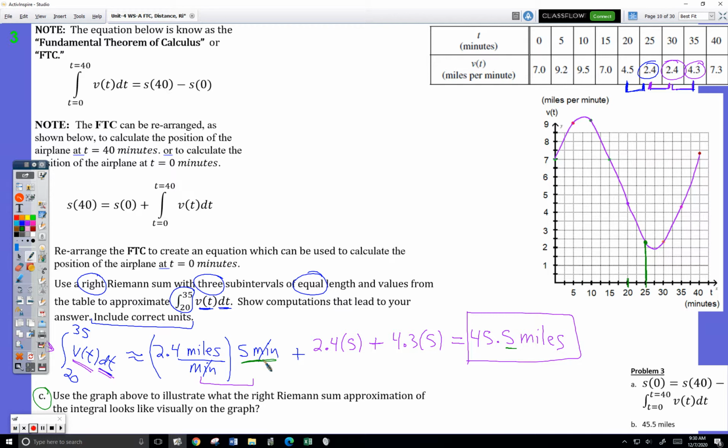So the width of our computation is this much. That means we're finding the area of this rectangle. That's what our computation looks like on the graph. All we did was take the height of the rectangle multiplied by the width. So we're finding the area of that rectangle. Show me 1 or 2 if that makes sense.